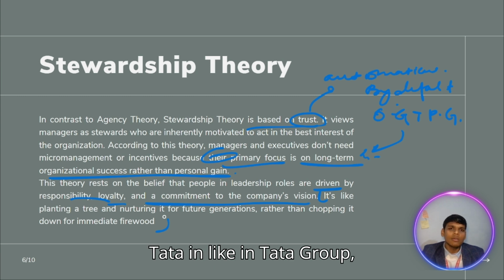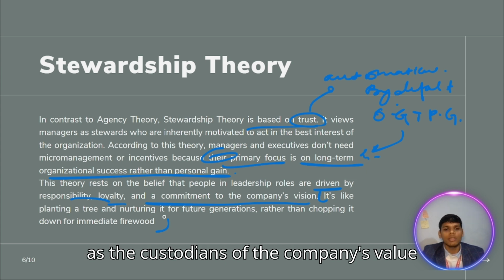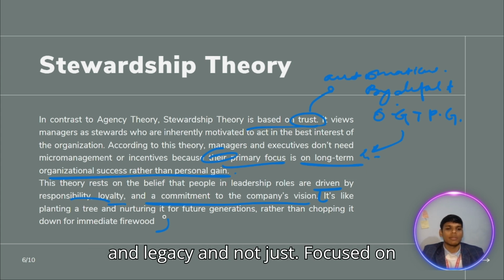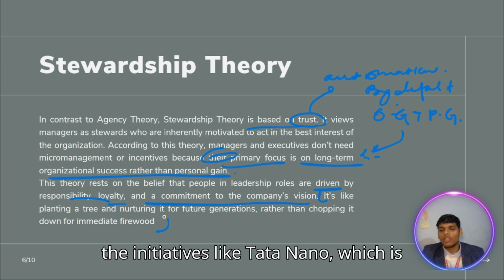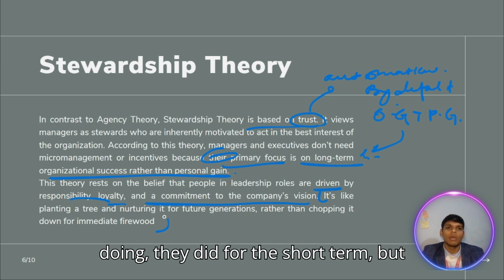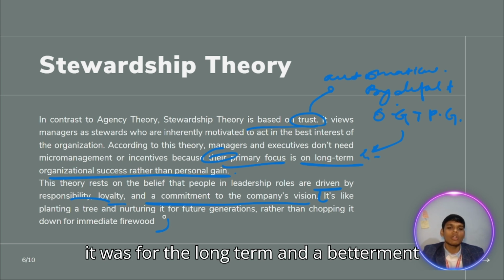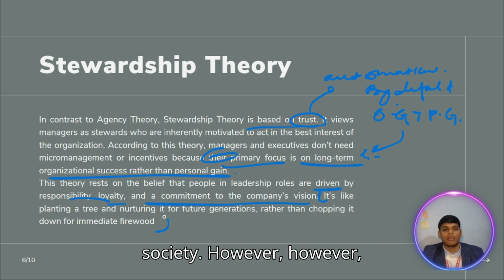In Tata Group, leaders and managers are seen as custodians of the company's values and legacy, not just focused on profits. Their stewardship led to initiatives like the Tata Nano, which they did not do for the short term, but for the long term and the betterment of the organization, or we can say society.